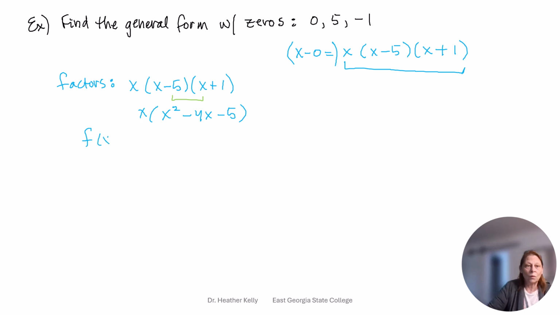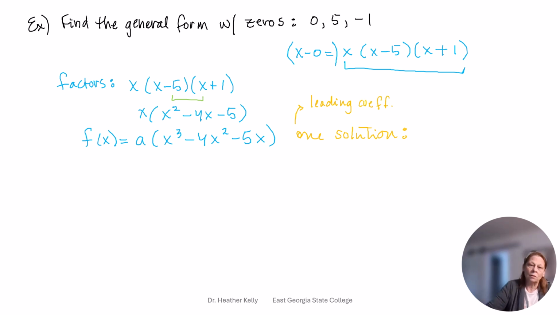So our general form is x cubed minus 4x squared minus 5x, quantity multiplied by a. And one solution here is, and they might ask you for the leading coefficient to be 1.